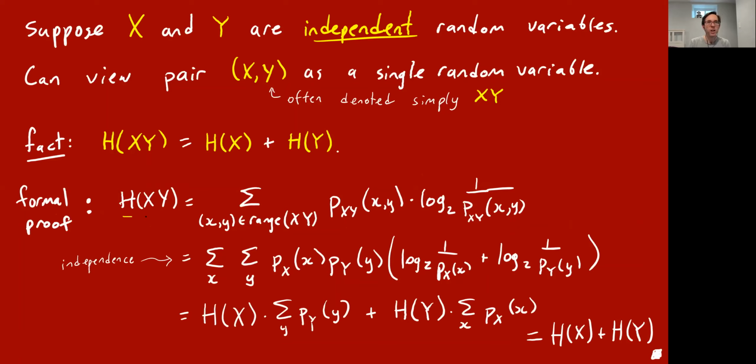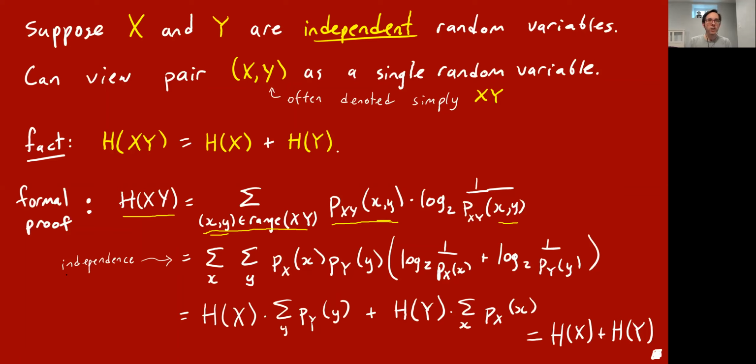Okay, so by definition, the entropy of the joint variable xy is, well, you sum over all possible outcomes for this random variable xy, which consists of pairs, little x and little y. And you get the probability of seeing this pair, little x, little y, times log of 1 over the probability of this little x and little y.